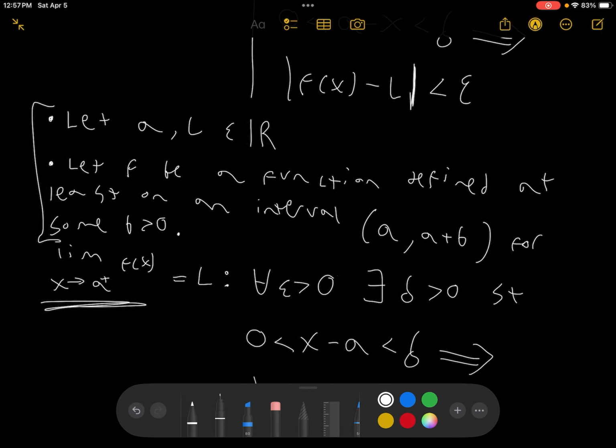So this is the definition for the limit of f of x approaching a on the right being L. And these are all our necessary assumptions.